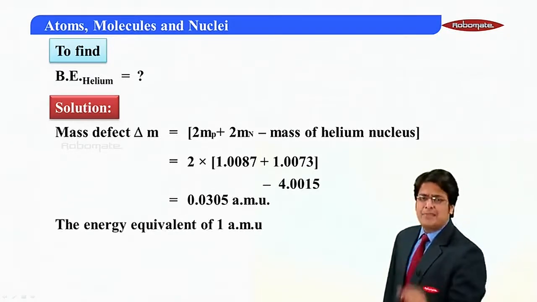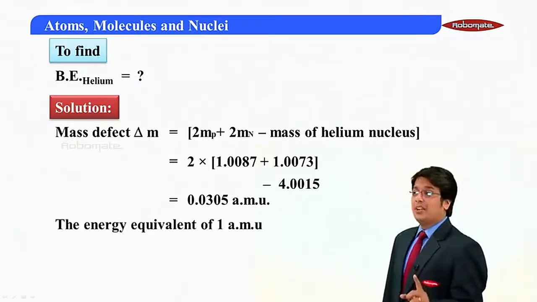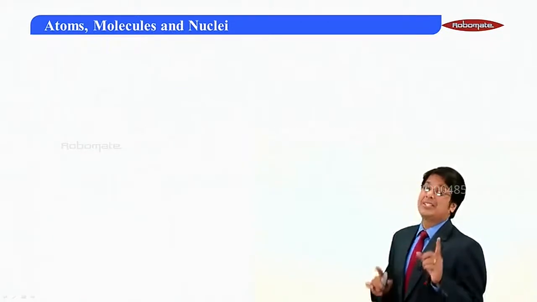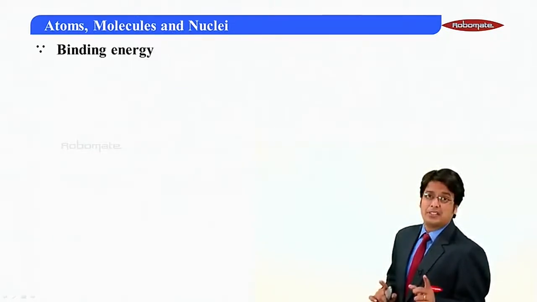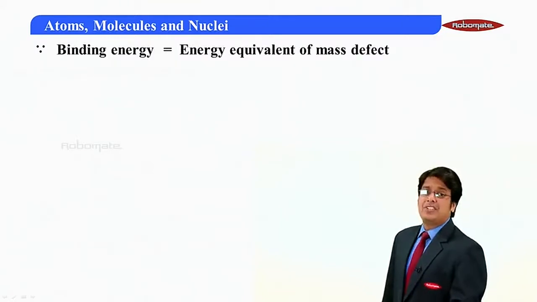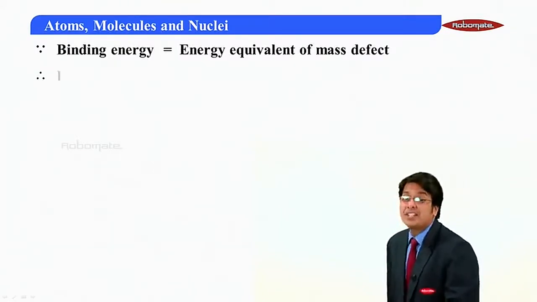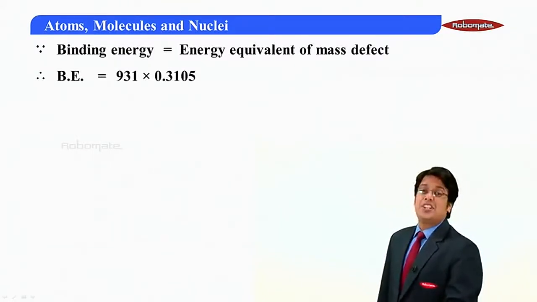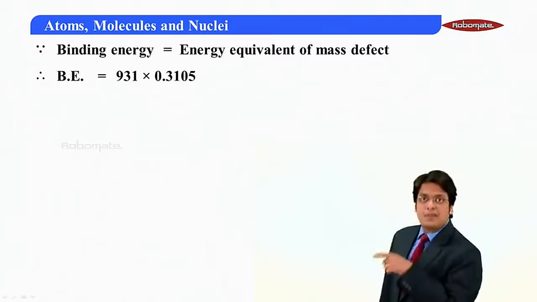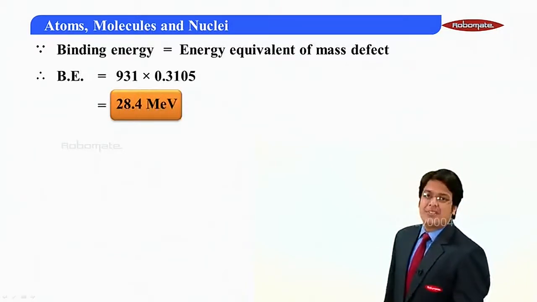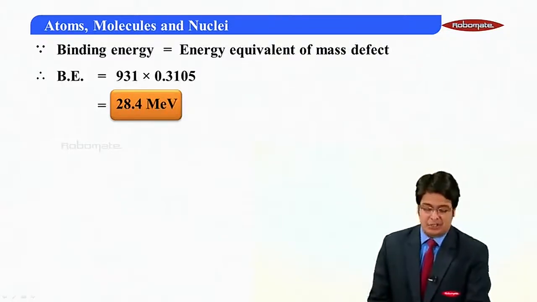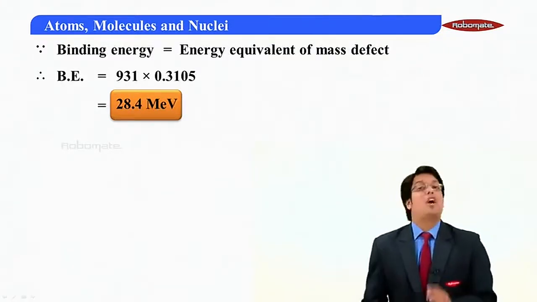Multiplied, you will get AMU. Now energy equivalent to 1 AMU is 931 MeV. Since binding energy is equal to energy equivalent of mass defect, therefore binding energy is equal to 931 times the mass defect. And what is the answer? 28.4 mega electron volt.